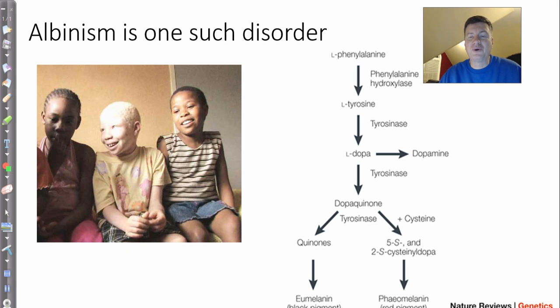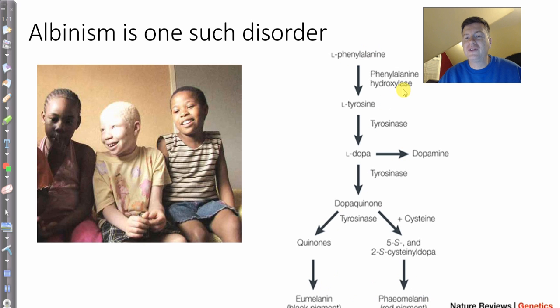Albinism, people who are albinos, that's one example of one of these metabolic disorders. Notice in this case we have a biochemical sequence from phenylalanine all the way ultimately to the production of eumelanin and this red pigment form of melanin you see here.